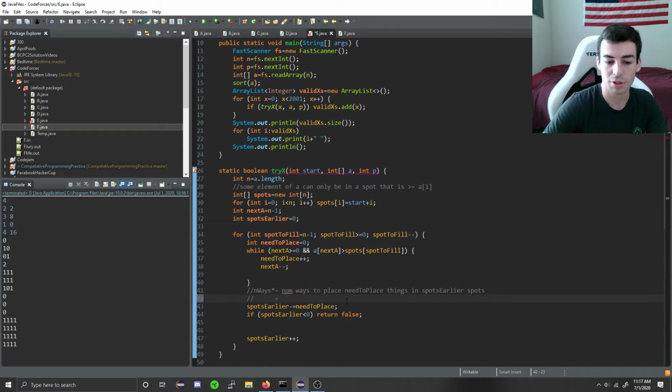So the value is going to be spots earlier. There are that many ways to place the first thing, times spots earlier minus 1, that many ways to place the second thing, etc., all the way down to, well, I guess it's this, minus, okay, so we place, but how many of these are there? There are minus need to place.